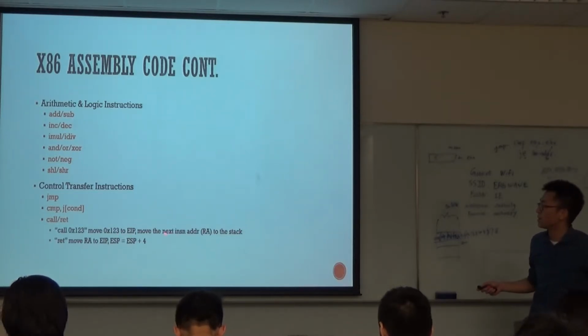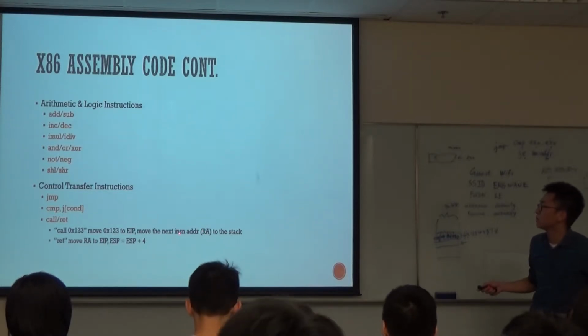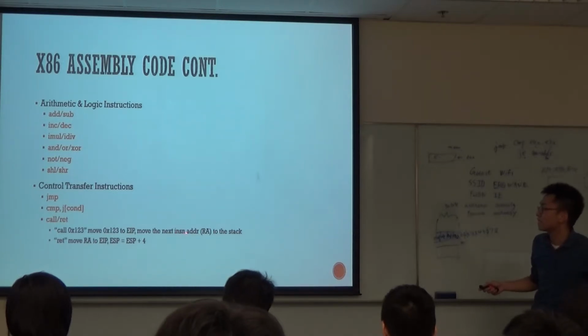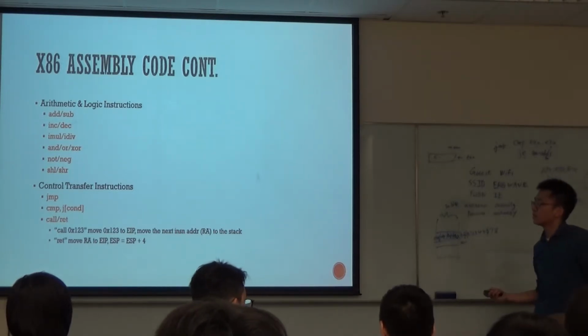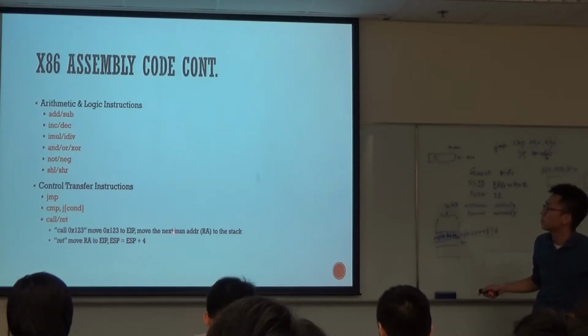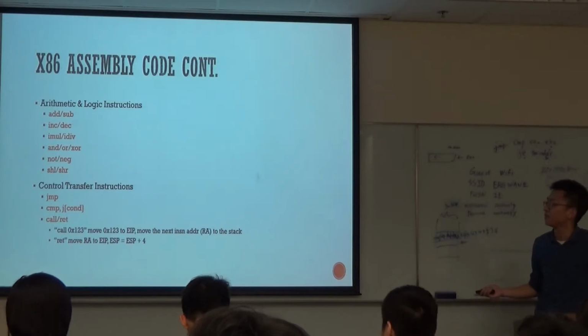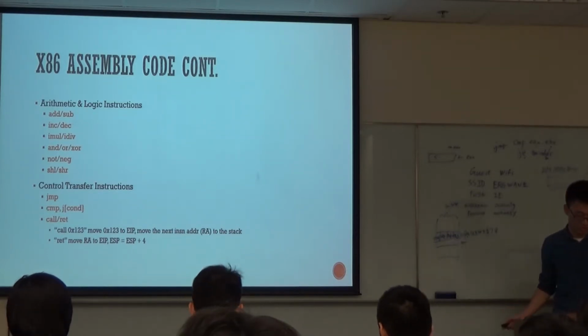And then we move the next instruction address to the stack. For return, it moves the stored return address to EIP and then decreases the stack. I'll explain everything later on with a demo example.